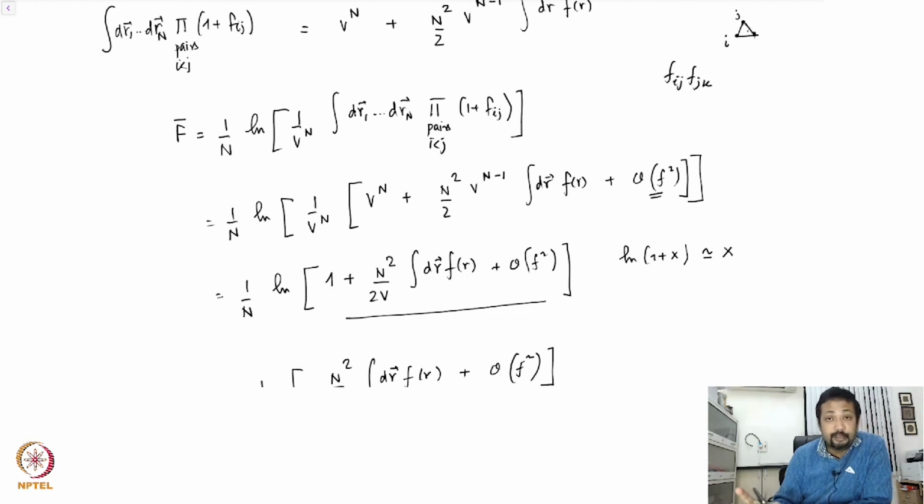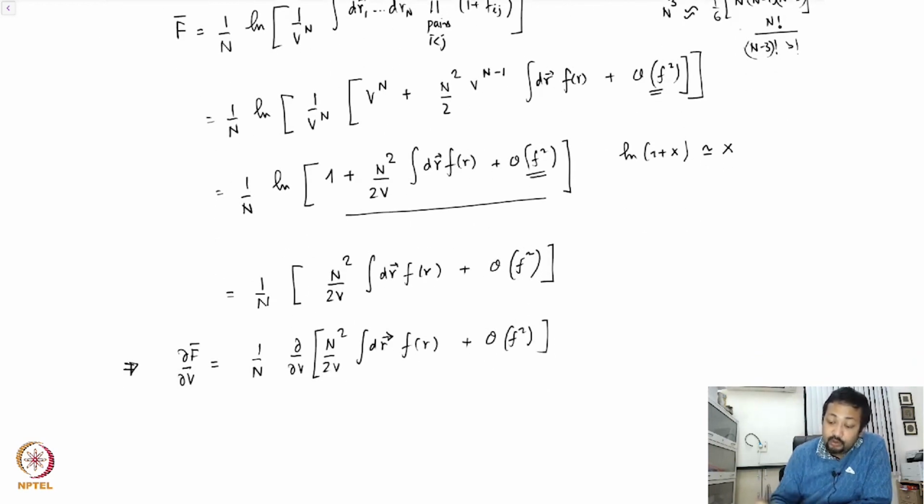So 3 of them are being chosen, which is going to be N choose 3. So N into N minus 1 into N minus 2, this is N factorial over N minus 3 factorial, divided by 3 factorial, and you have 1/6 of this. Now clearly you see that this is going to be of the order of N cube.